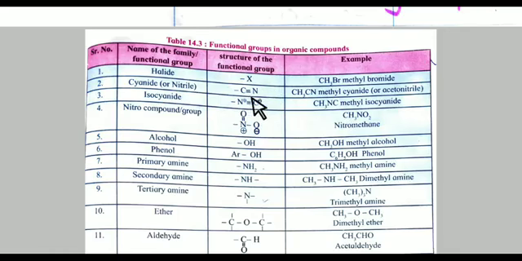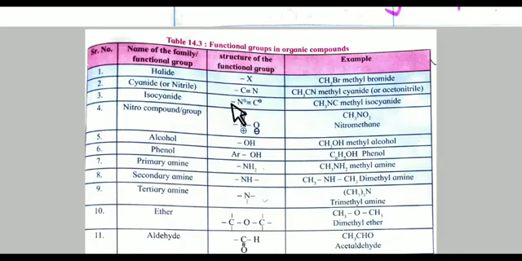So it is cyanide, and if you attach this cyanide functional group with an alkyl group, it forms a compound. For example, taking CH3 in place of the alkyl group, the name of this compound is methyl cyanide, or since CH3 is the acetyl group, you can say acetonitrile.